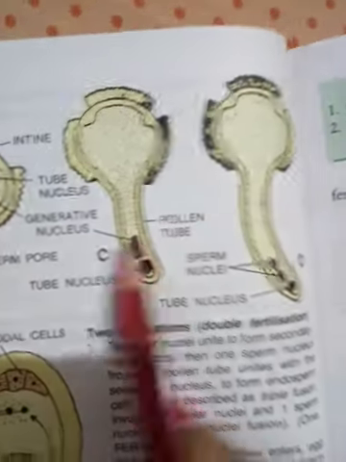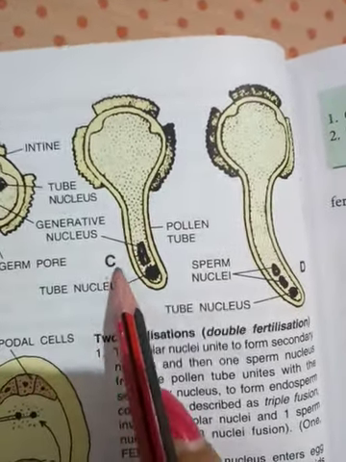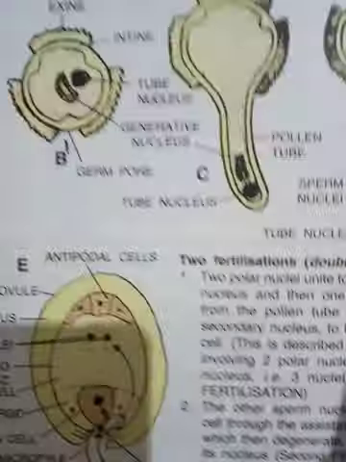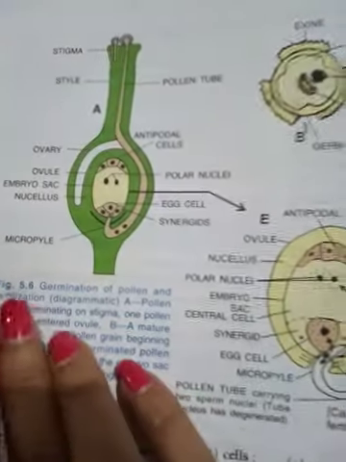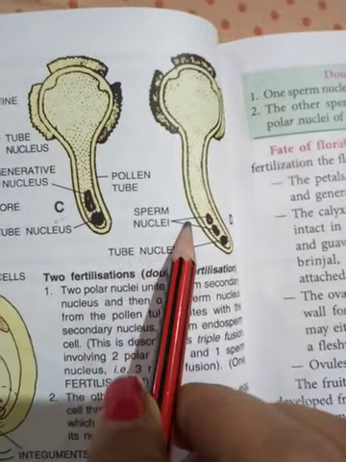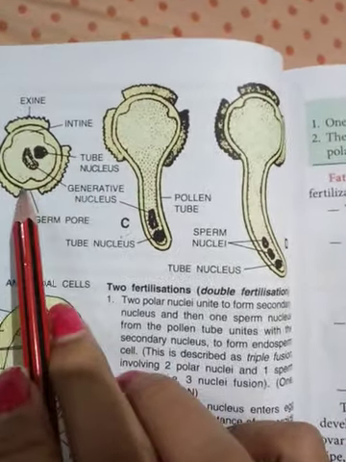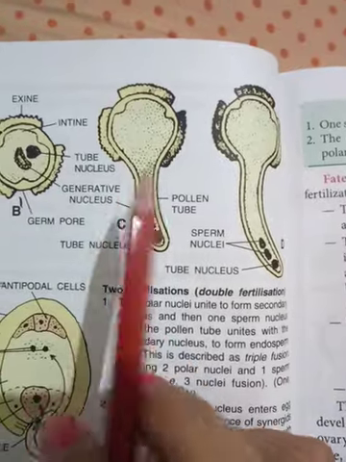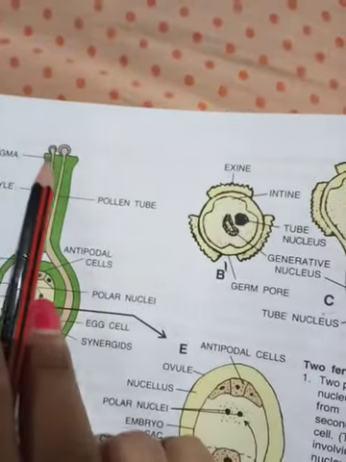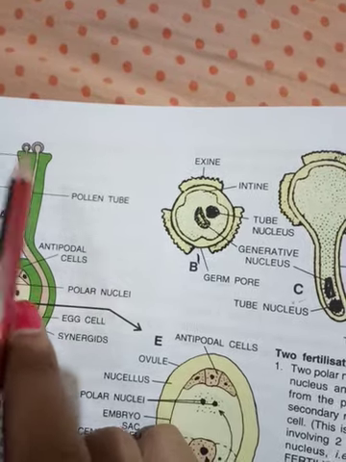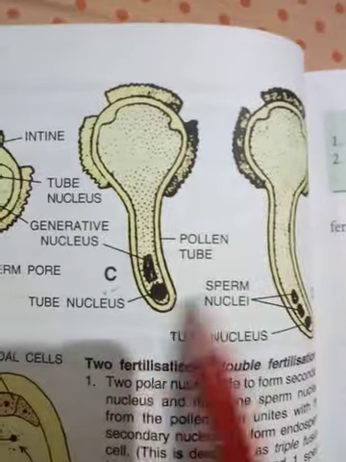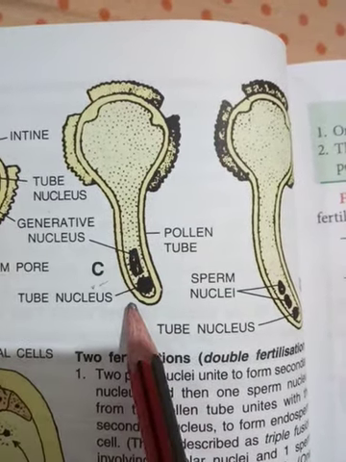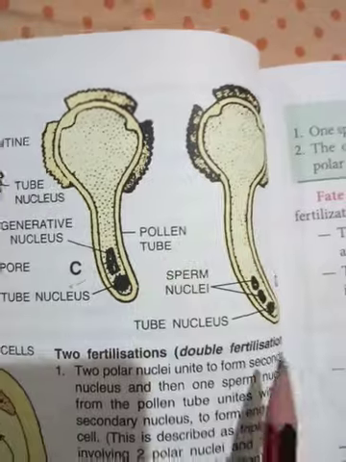Here in your book you can also see figures mentioned as figure 5.6, in which you can see C and D. This is typically how this particular pollen tube grows after falling on the stigma. After pollination it starts further growth, and this grows into a pollen tube, and you can see here the generative nucleus and the tube nucleus, these are also growing along with the pollen tube.